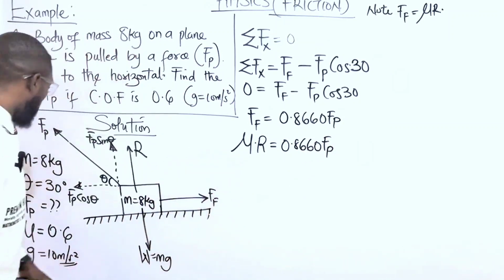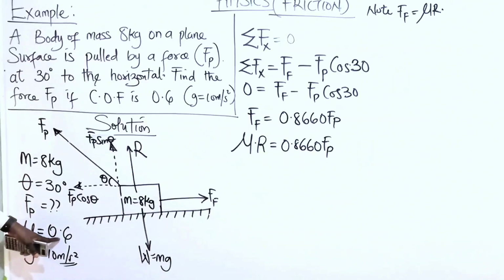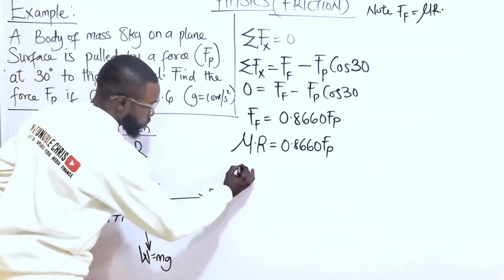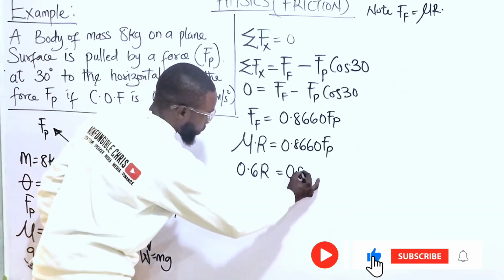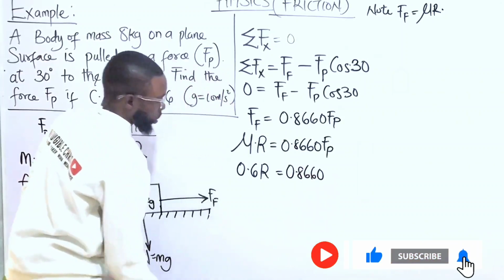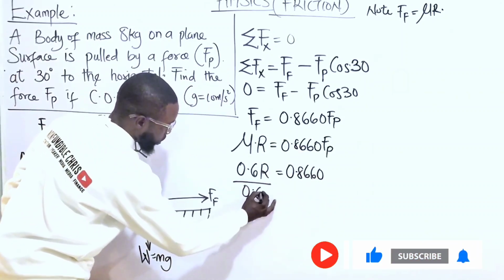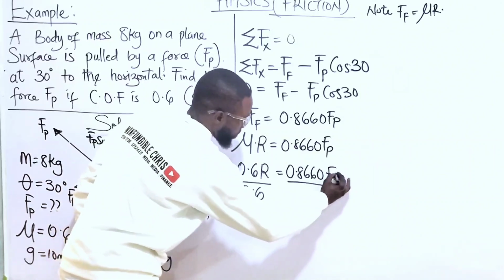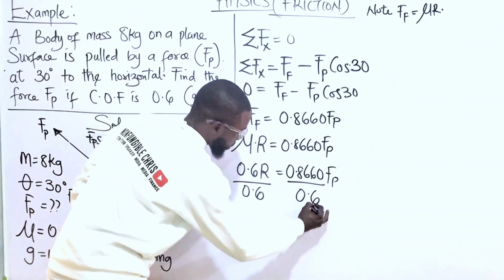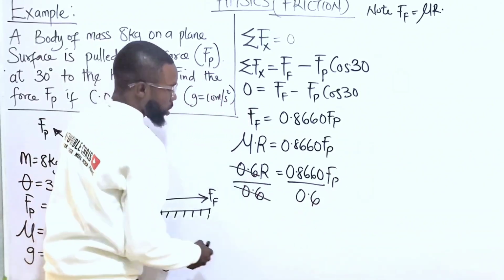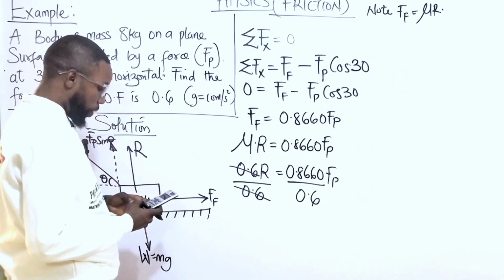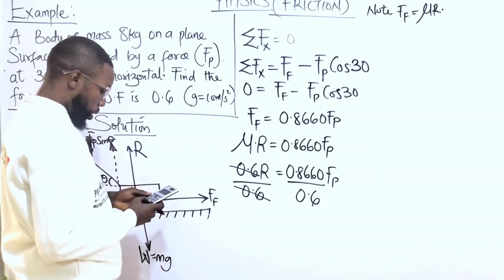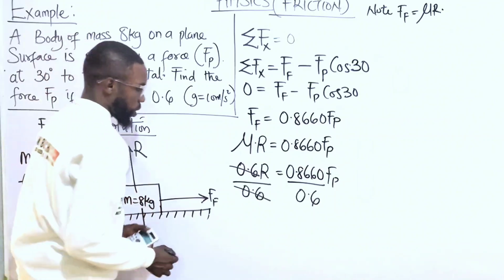It gave us our coefficient of static friction as 0.6. So here we can substitute: 0.6 R is equal to 0.866 Fp. Divide both sides by 0.6. If this cancels this, let's look at that. 0.866 divided by 0.6, we have 1.443.